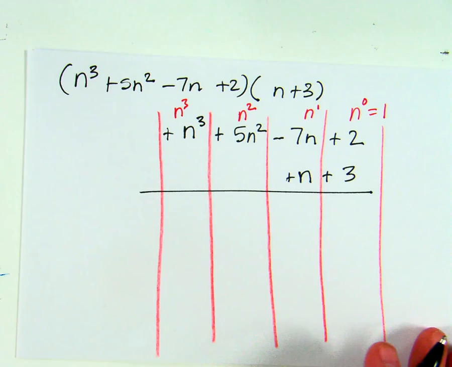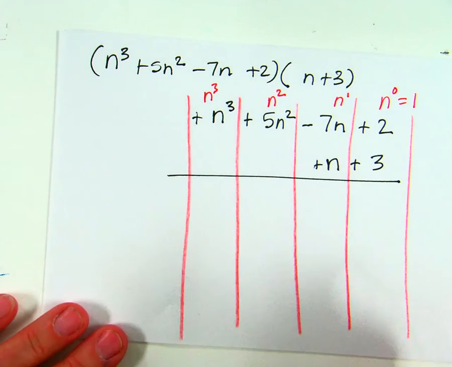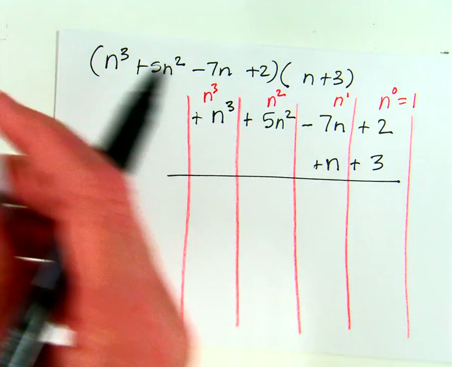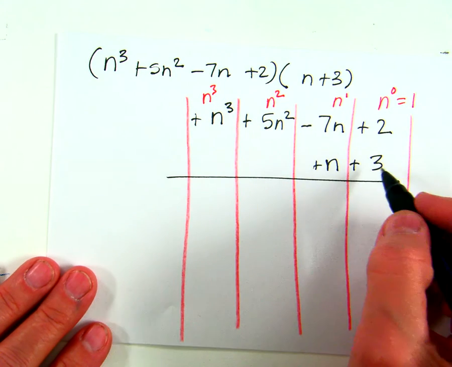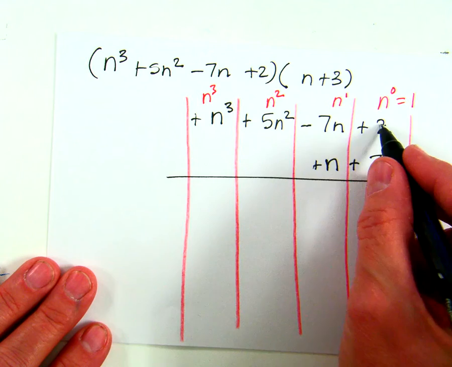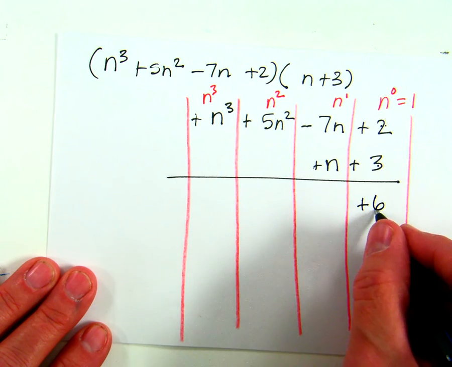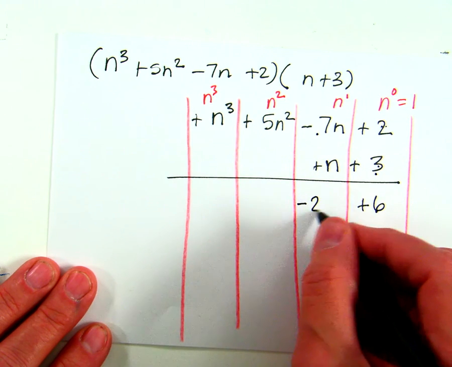Let's see how that works out here. I'll talk it out. Positive 3 times positive 2 is positive 6. Positive 3 times negative 7n is negative 21n.